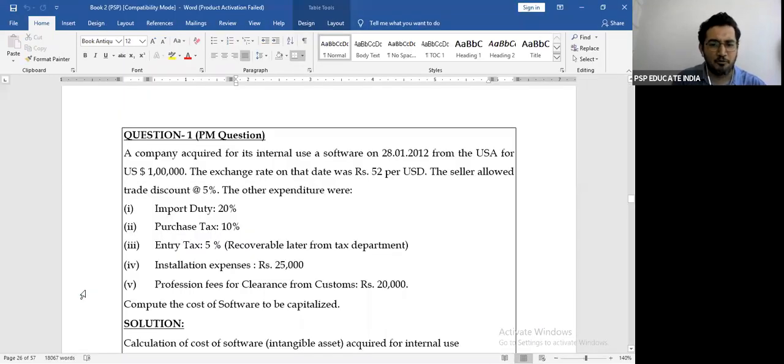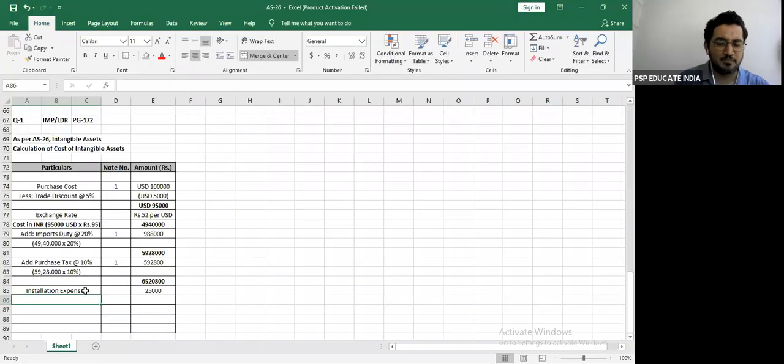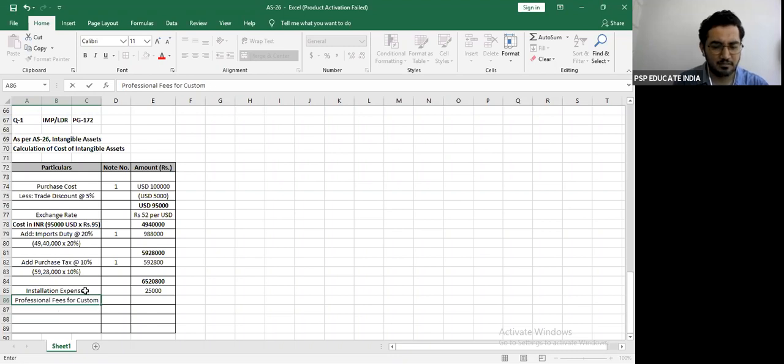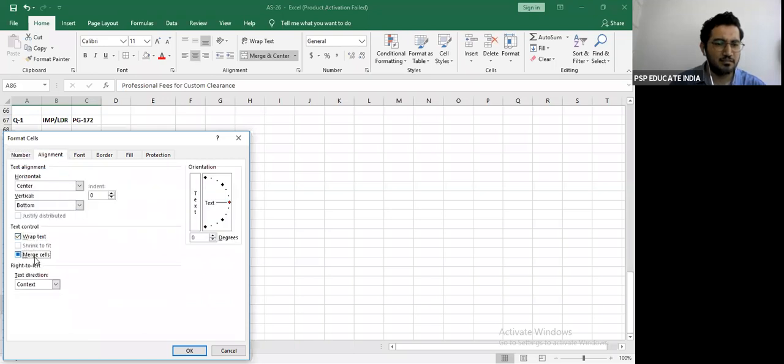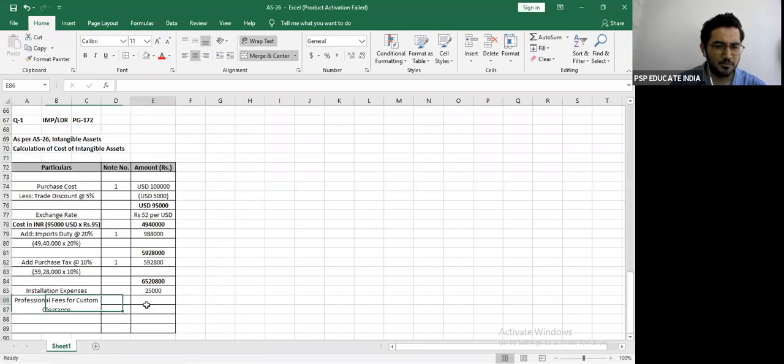Then you have professional fees for clearance of customs. That will also be included. Professional fees for custom clearance, working note 1, that will also be included.